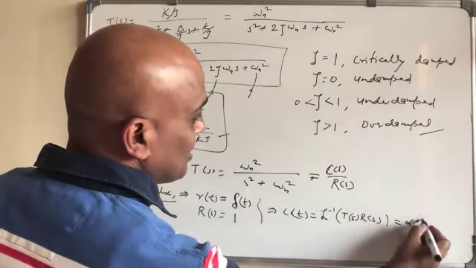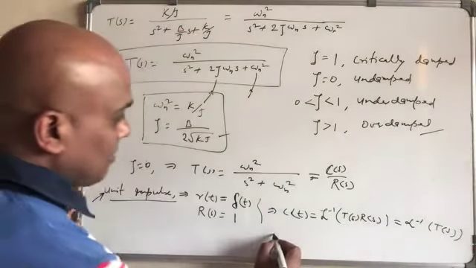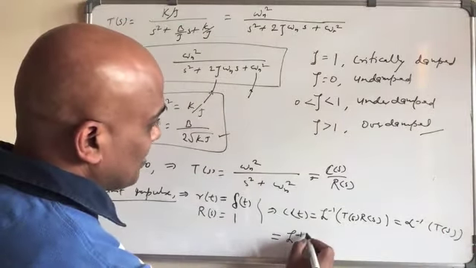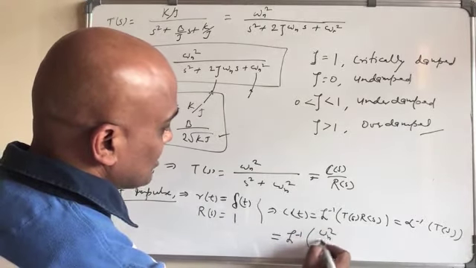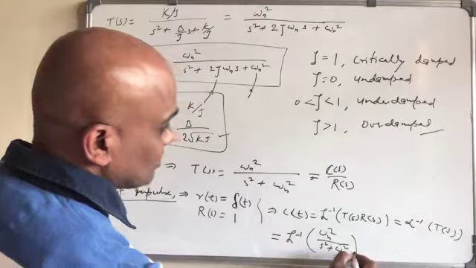So C(t) is L inverse of T(s), equal to L inverse of omega n square over s square plus omega n square.